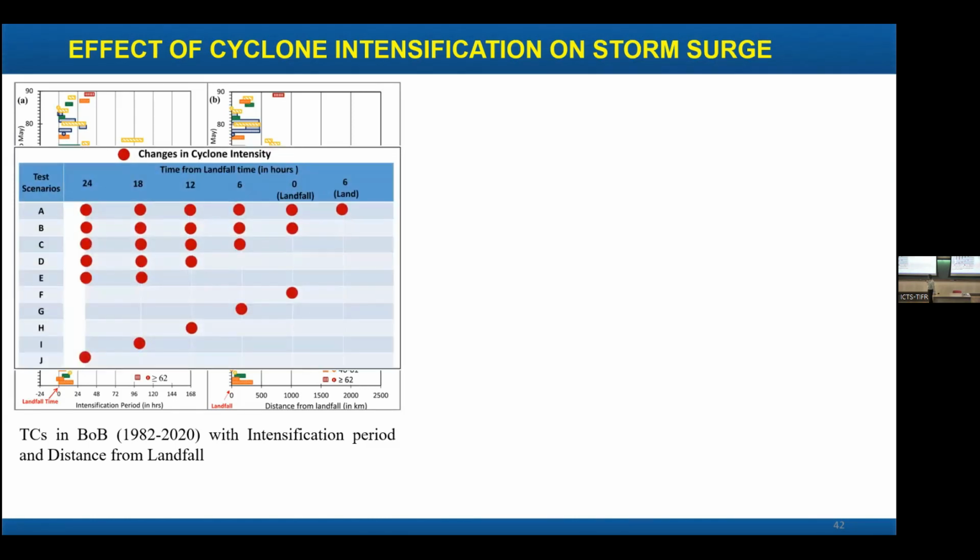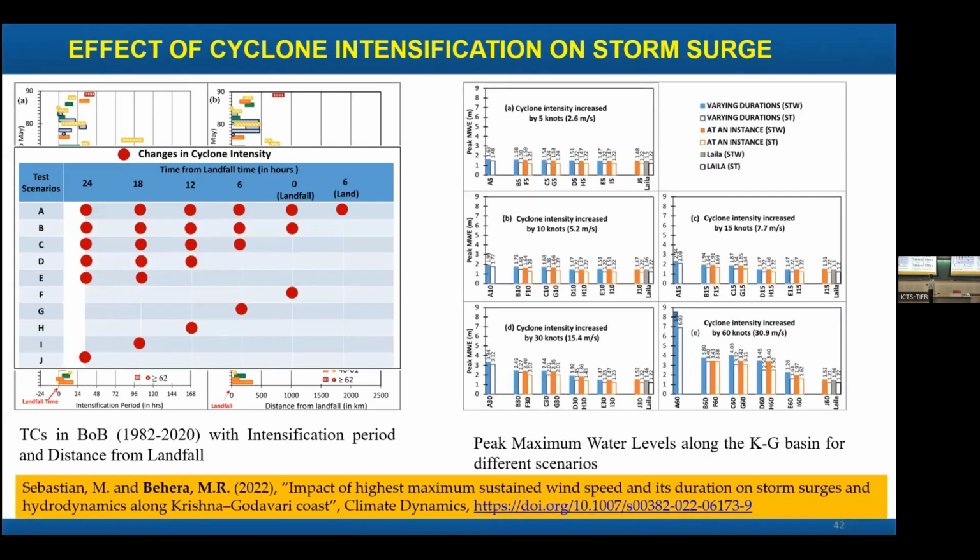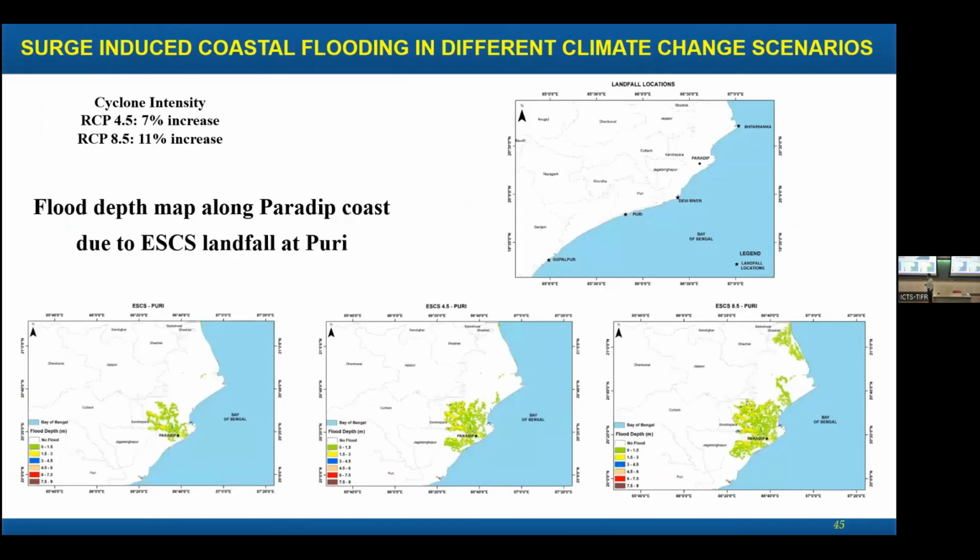So these are various case scenarios we studied, and finally we arrived at the impacts with different intensities, and we found that if the intensification happens somewhere between 6 to 12 hours before landfall, when the cyclone is mostly within the continental shelf region, then the impact is going to be maximum.